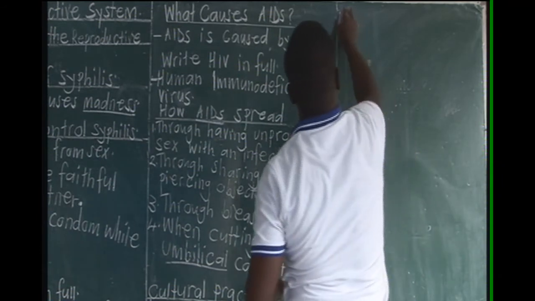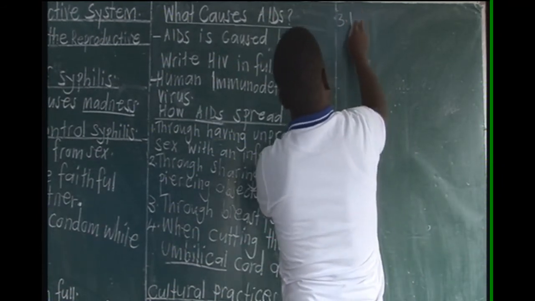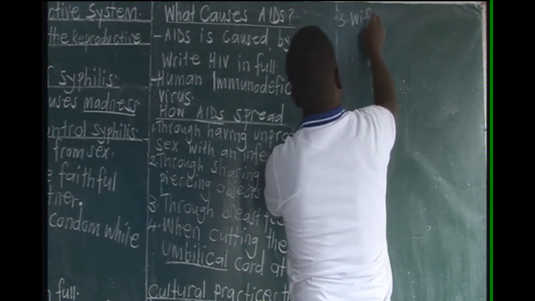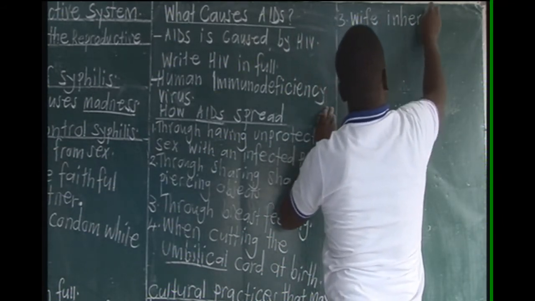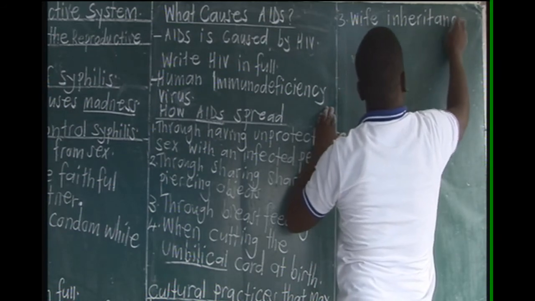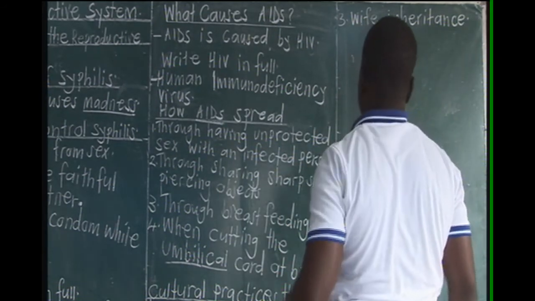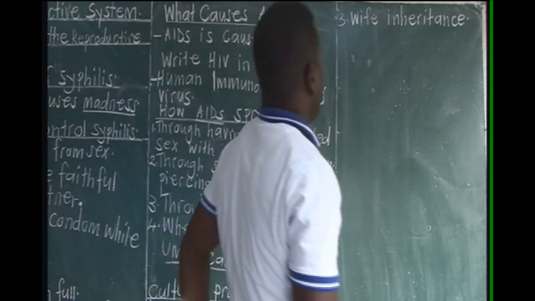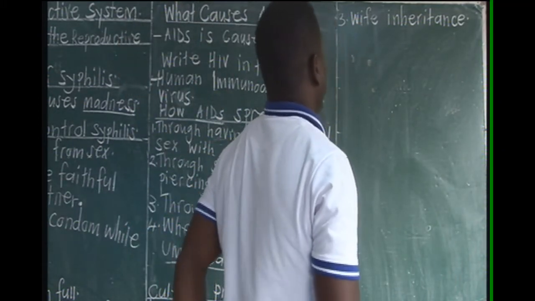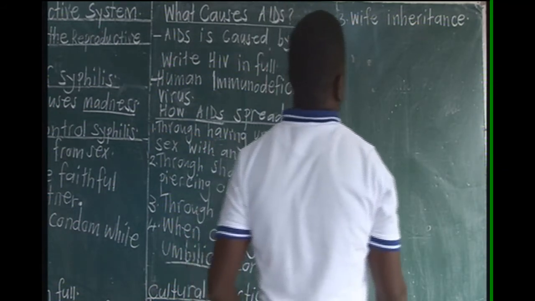Wife inheritance is a cultural practice that may lead to easy spread of AIDS.